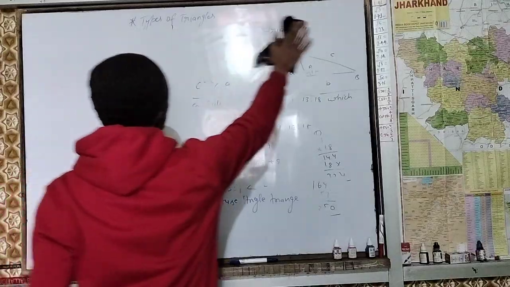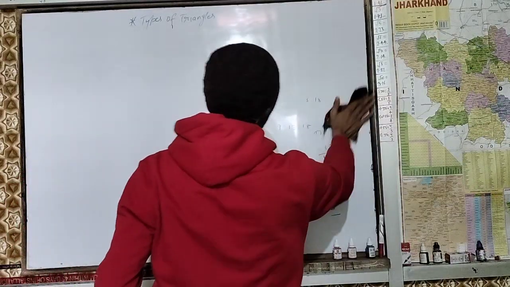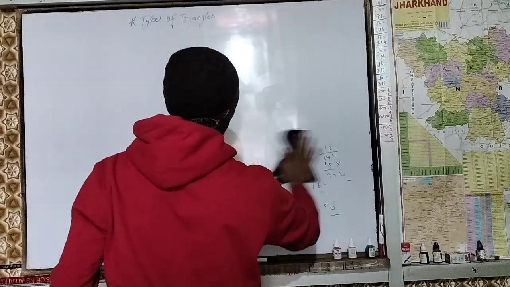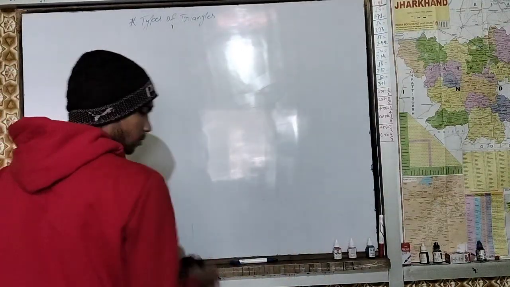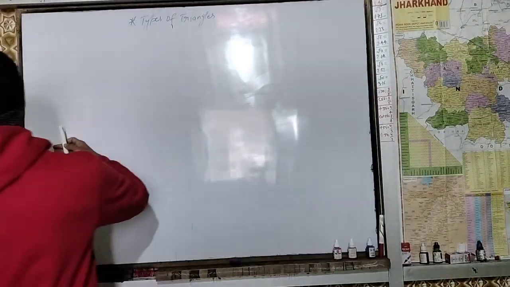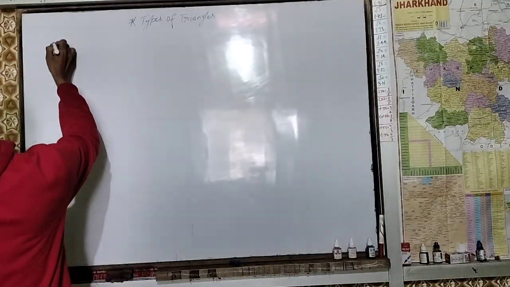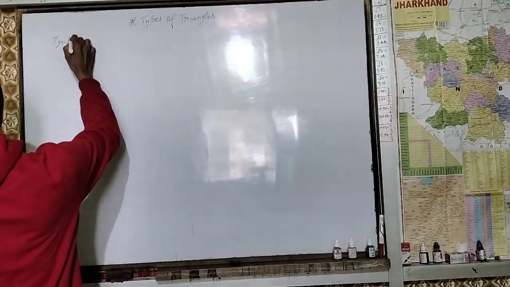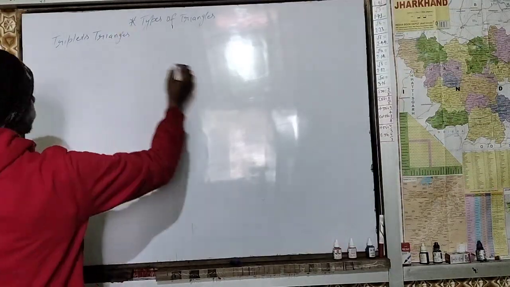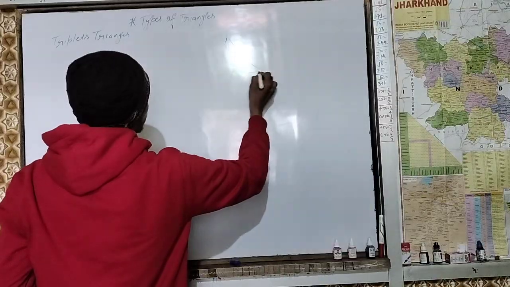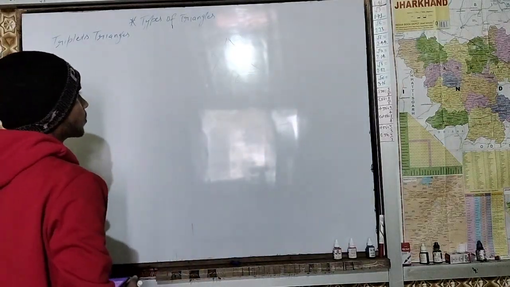Template triangles means this is 3, 4, 6.